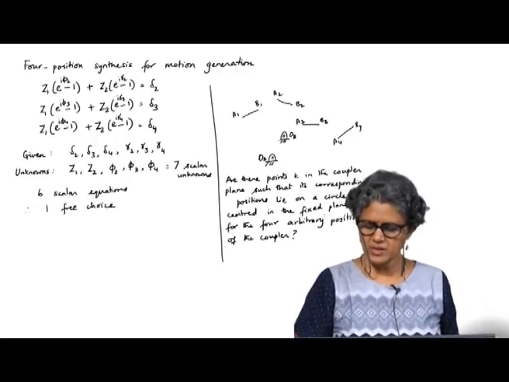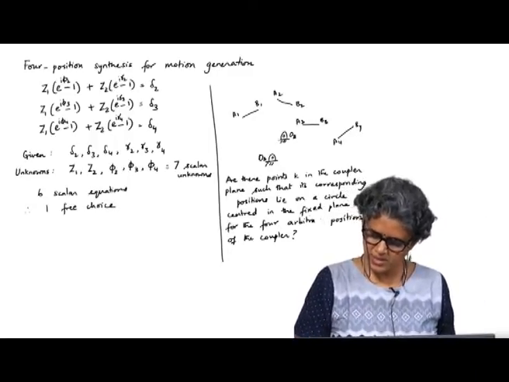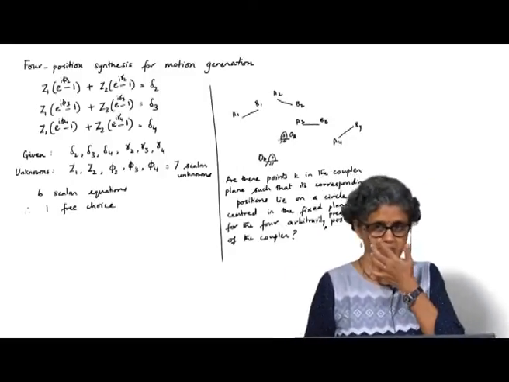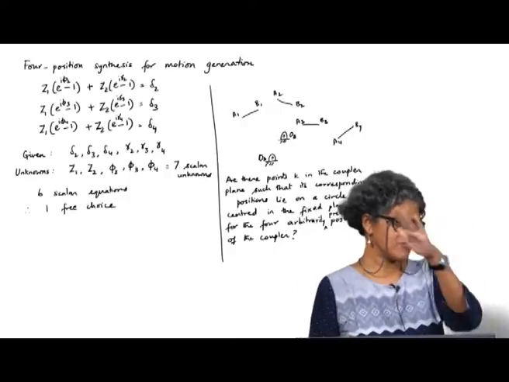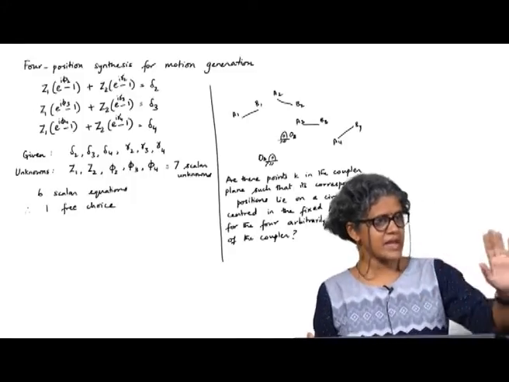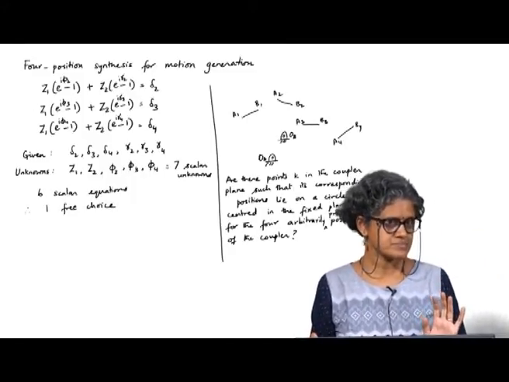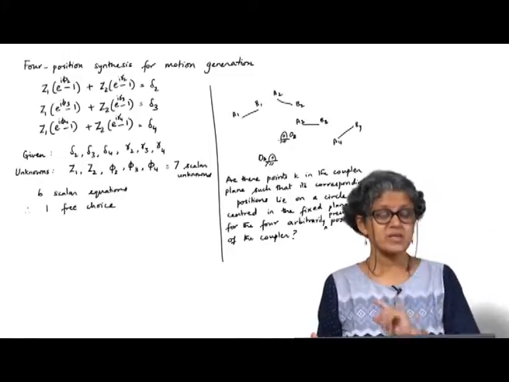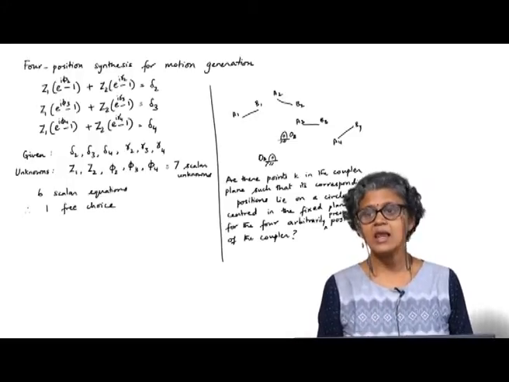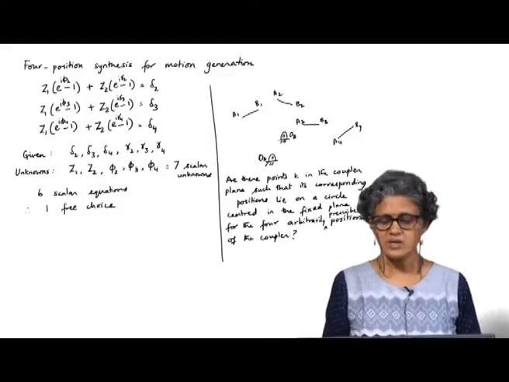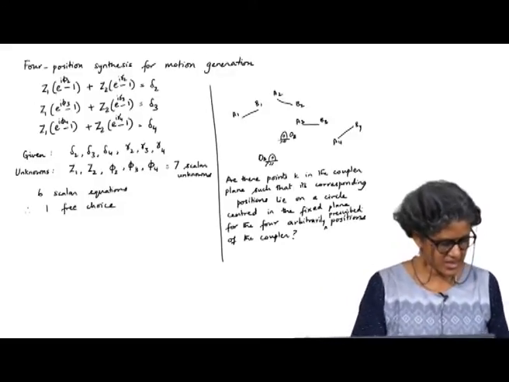That is my design condition. I give 4 positions based on some other criteria, but can I now find points on the coupler such that they would still lie on a circle centered in the fixed plane. That is the task that we have.